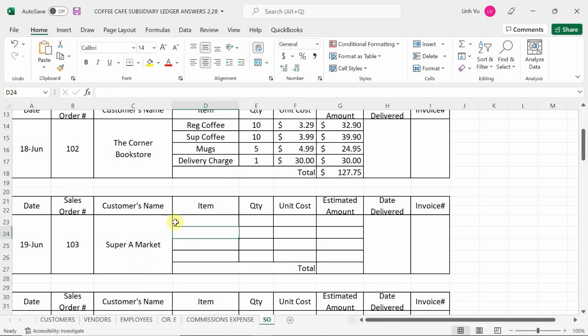Right. They ordered everything on this list except they put in 50 pounds, 45 pounds, and 25 cups. And we have to charge some delivery.